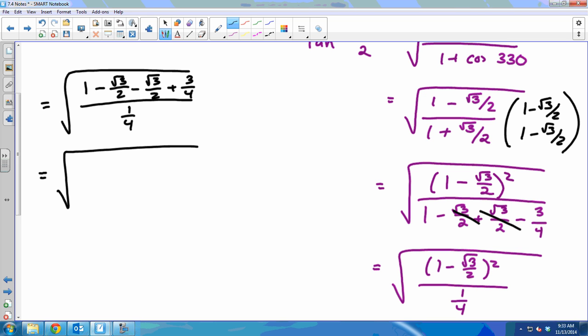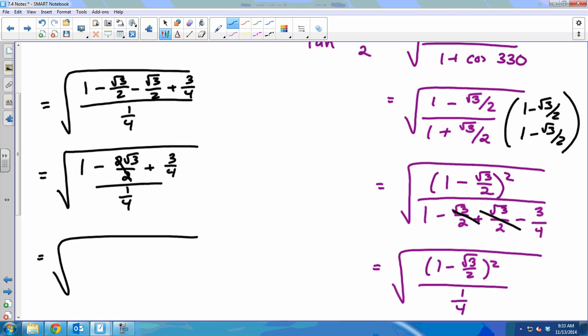So then I get 1 minus 2 square root of 3 over 2 plus 3/4. Those 2's cancel out. 1 plus 3/4 is 7/4 minus the square root of 3.